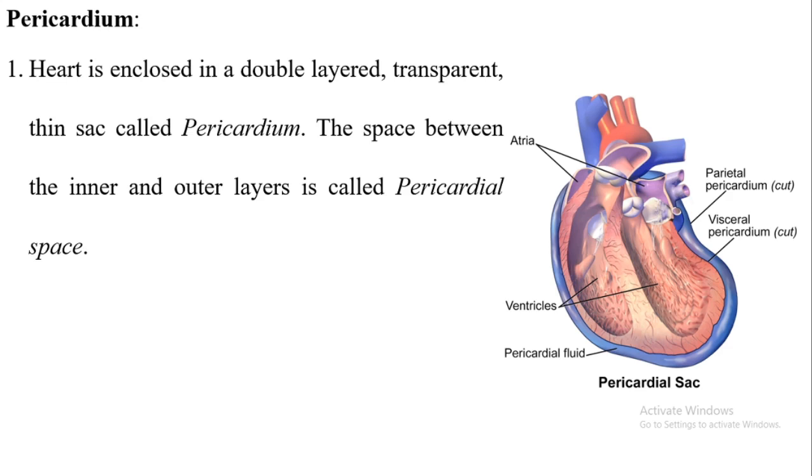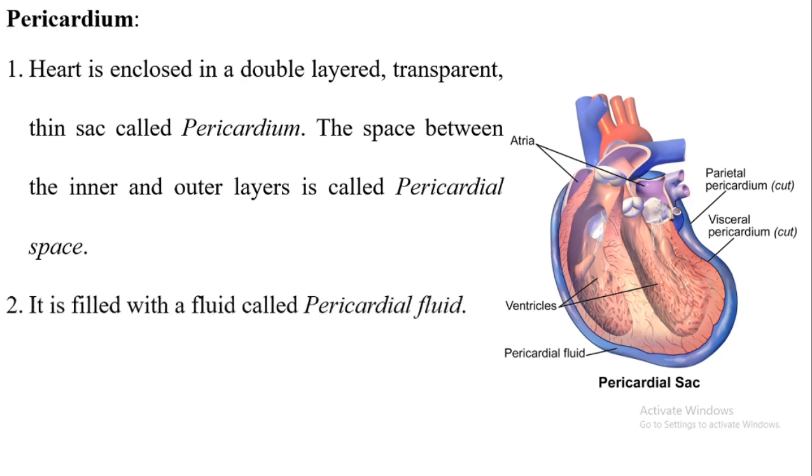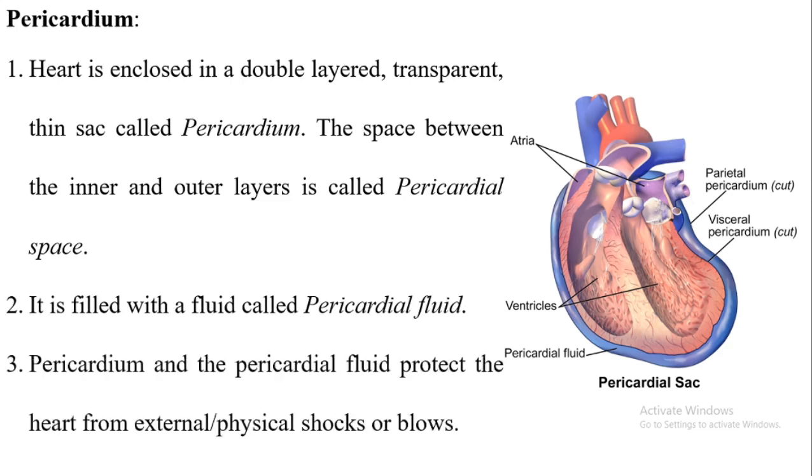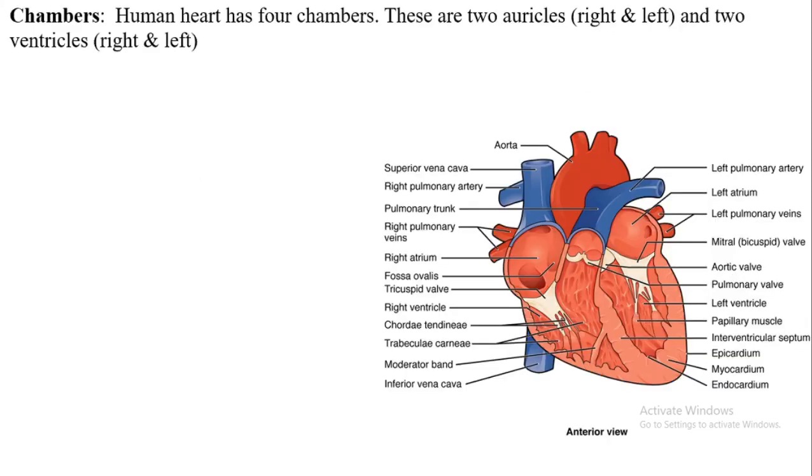Outer one is parietal pericardium and inner one is visceral pericardium. Between these two layers there is a space which is called pericardial space. This pericardial space is filled with pericardial fluid, and the pericardium and the pericardial fluid protect the heart from external shock, or you can say physical shock or injuries.